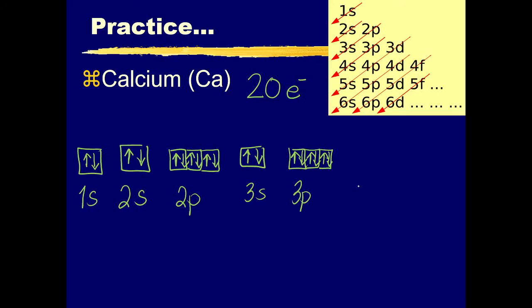Sige, unsa man? 3d, 4s. Very good. 4s. Nanatay 18 ato, no? 19, 20. And that will be the orbital diagram. Okay? So, atong i-fill up 1s2, 2s2, 2p6, 3s2, 3p6, 4s2.